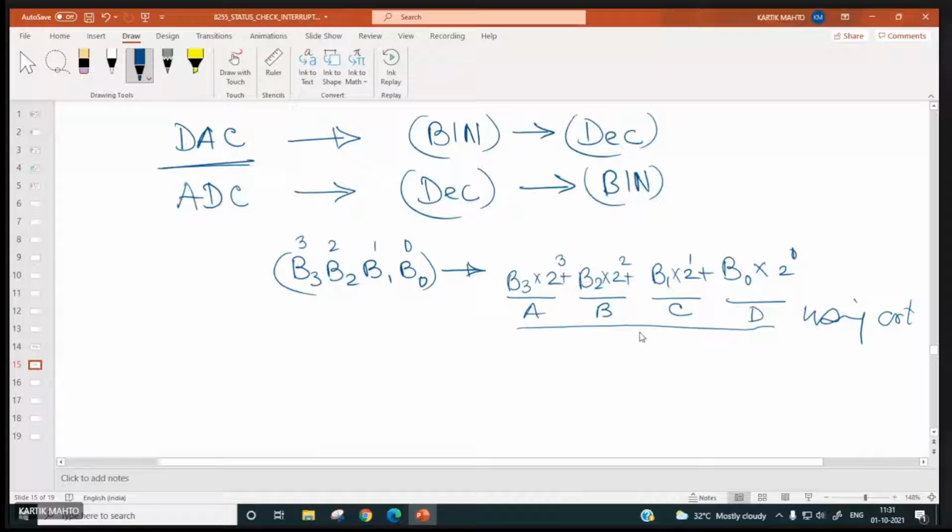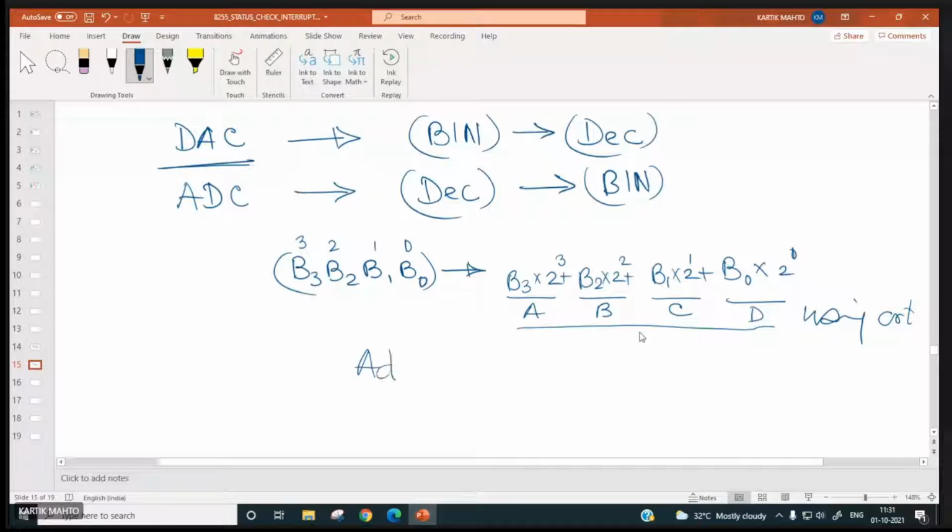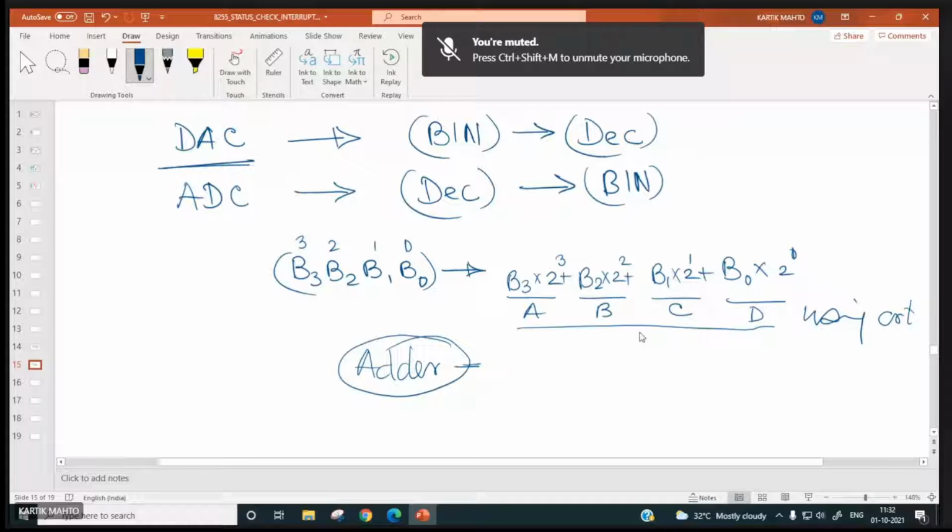Anybody is interested to say? Adder, but I am telling this adder in analog.